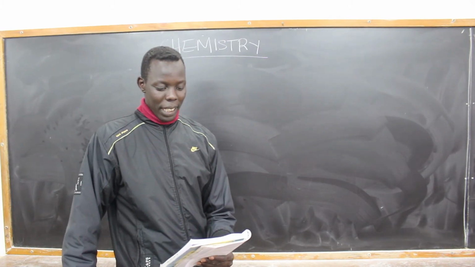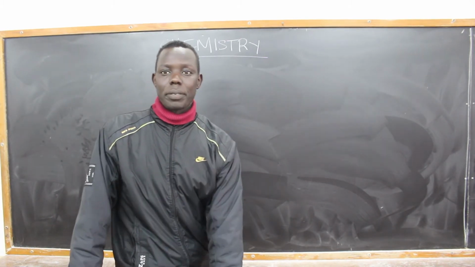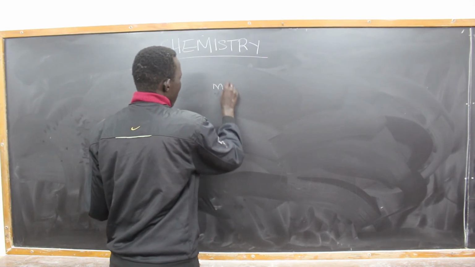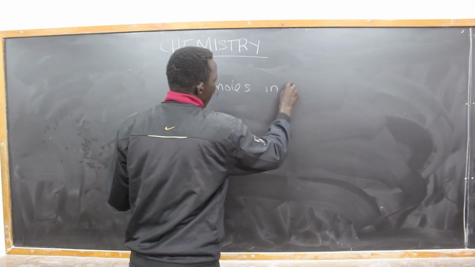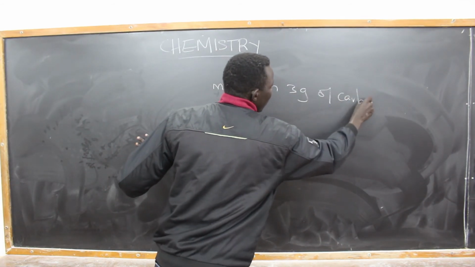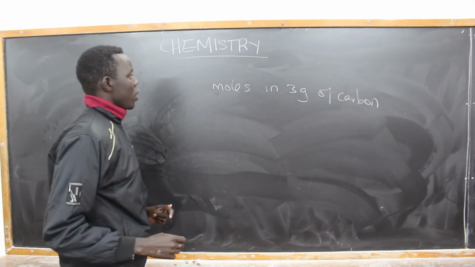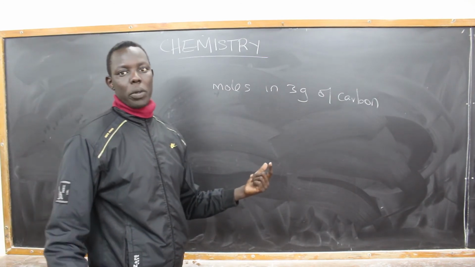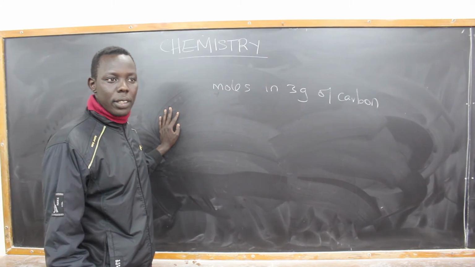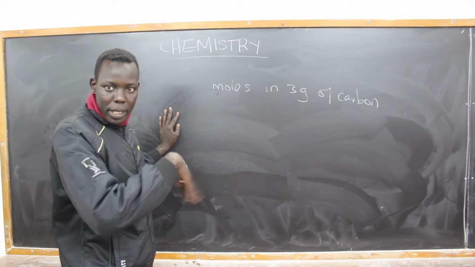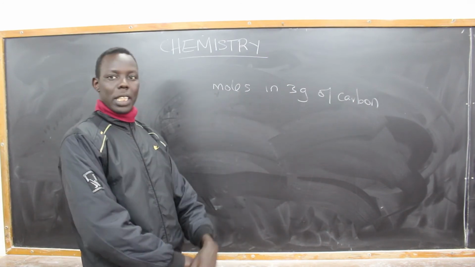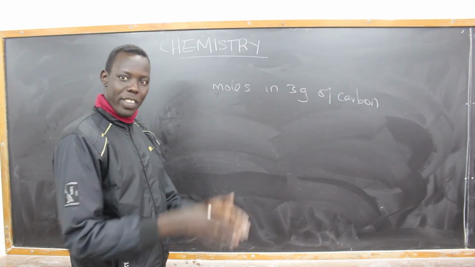So, how many moles are there in 3 grams of carbon? Now, from the formulas we wrote and erased, they are asking for moles. We said moles are given by mass over the molar mass.